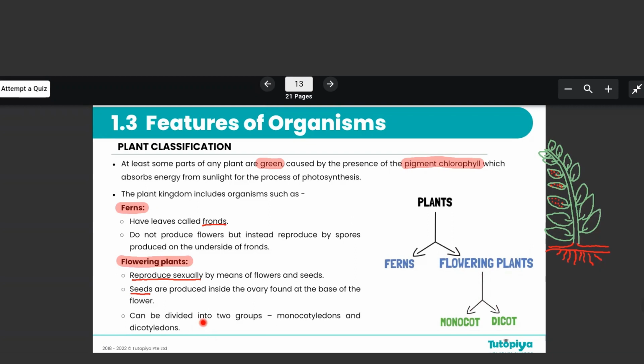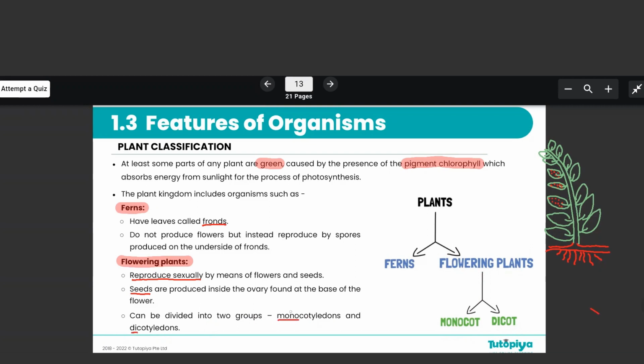There are two groups of flowering plants, the monocotyledons, known as monocots in short, and the dicotyledons, which are known as dicots.